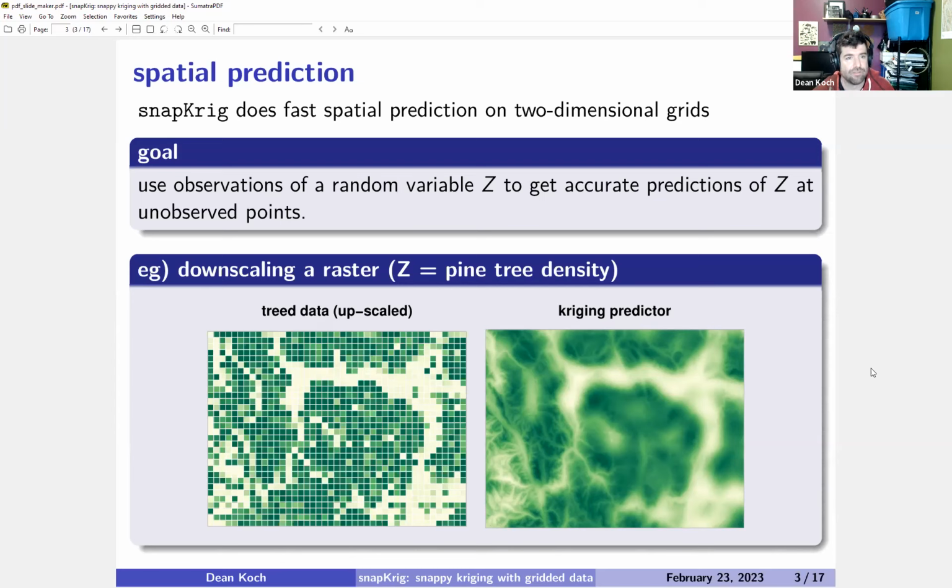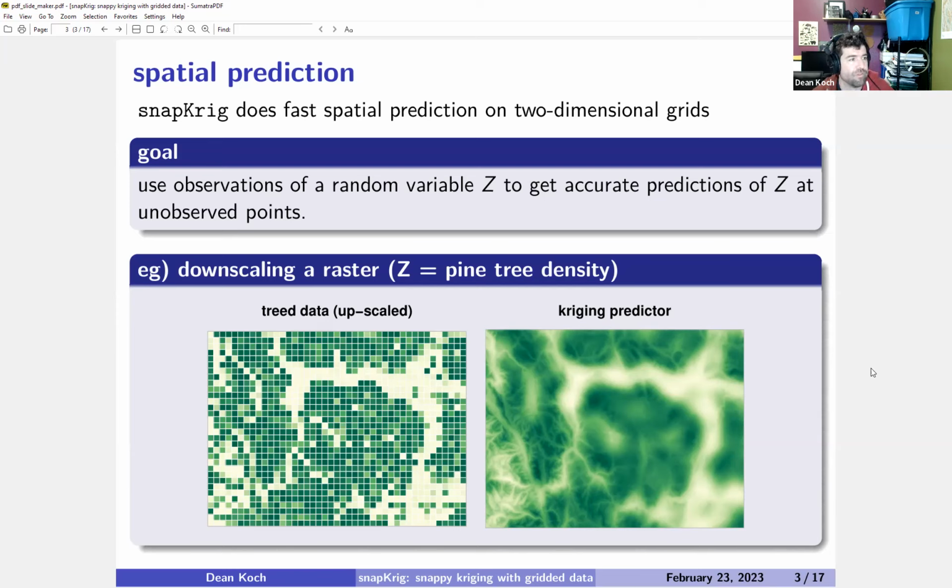The basic idea is to take observations of a random variable in space, call it Z, and use those observations to get accurate predictions of Z at unobserved locations. And with snapKrig, the data have to be on a grid. So the observations and the predictions both have to lie on the same shared regular grid.